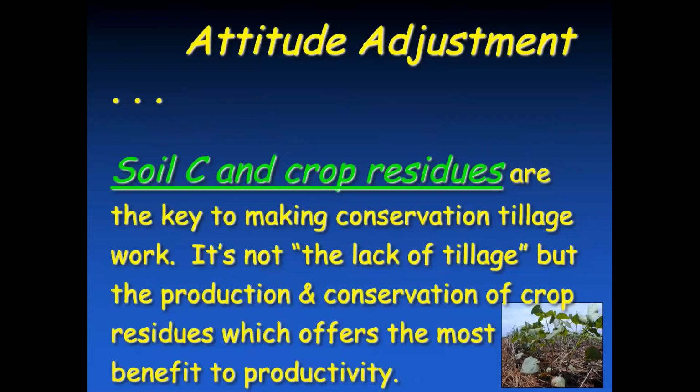So again, if we're planting into a real sparse or real thin, unfertilized cover crop, or even just the stalks from the previous year, we may not do a lot to really help build that soil. But if we can make the most biomass, the best cover crop that we can, and leave it out there without destroying that organic matter, that'll give us the most benefit to our next cash crop.